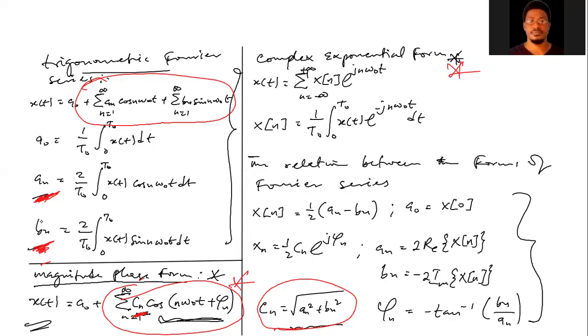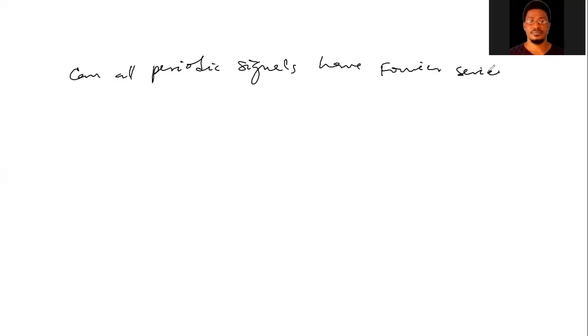Now, I just asked the question, can all periodic signals have Fourier series? So this is open to the class for discussion. Can all periodic signals have Fourier series?